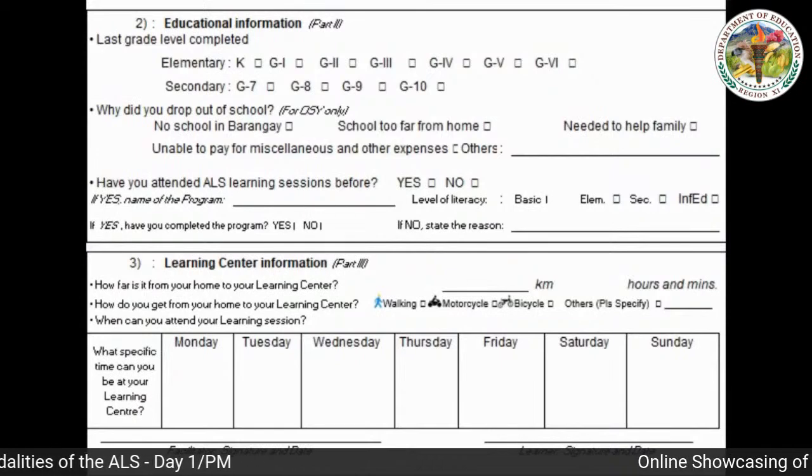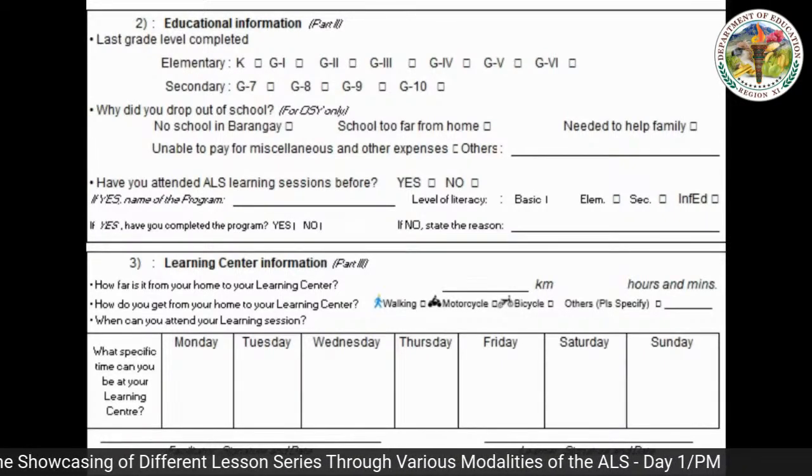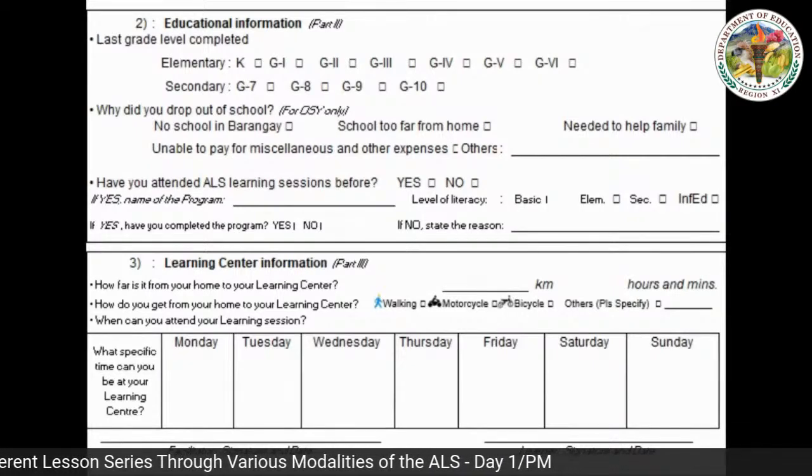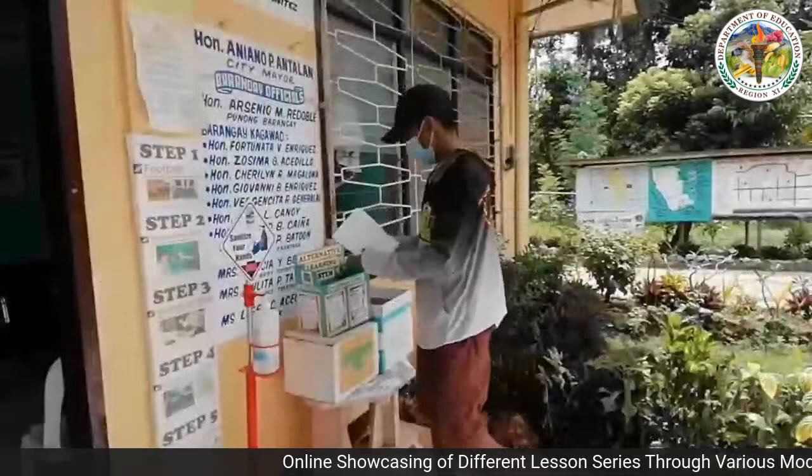Together with this form is the supporting document, which can verify the data given by the learner. The supporting document could be a birth certificate, marriage contract, baptismal certification, or any other valid IDs available.